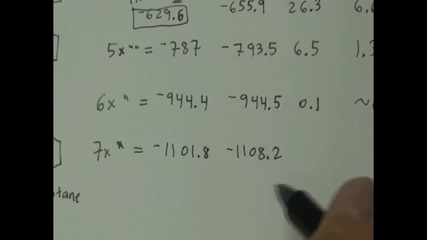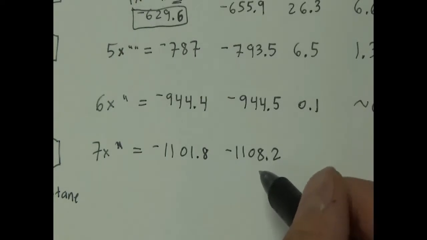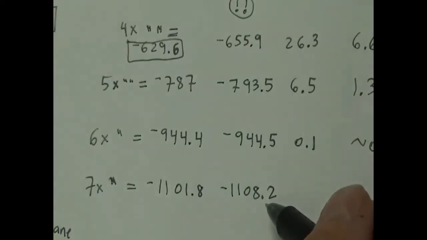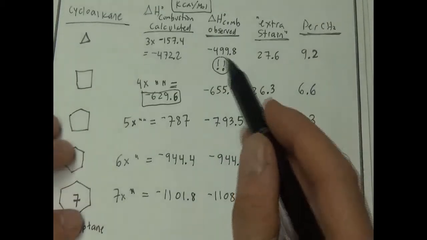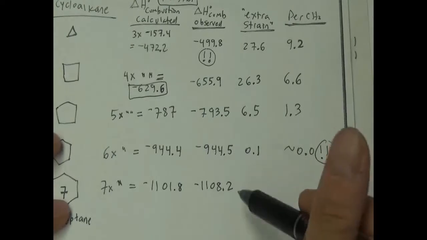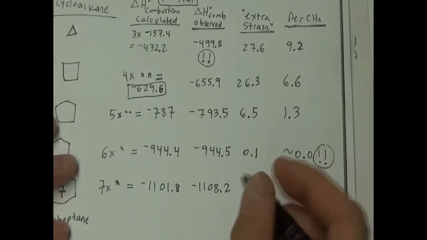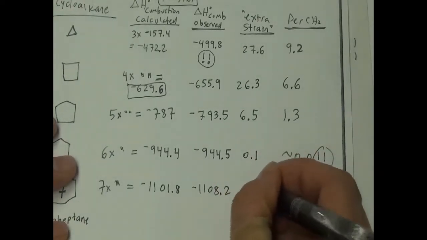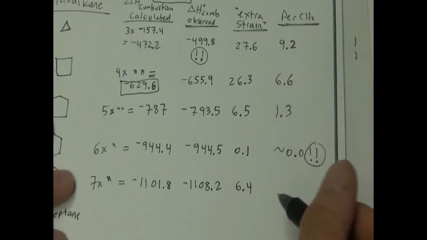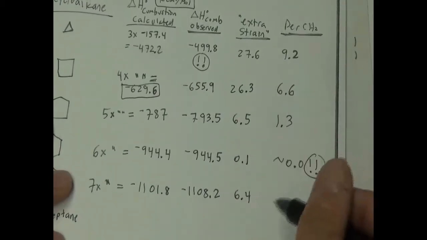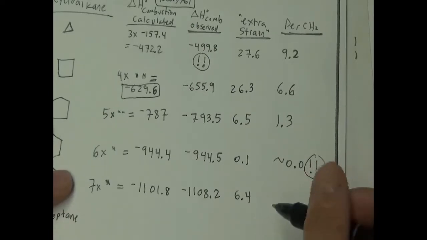So there is actually a little bit of strain. The experimental heat of combustion is a little more negative than the calculated, right? So take the difference, and it's 6.4. Then per CH2, divide this by 7, and you get 0.9.